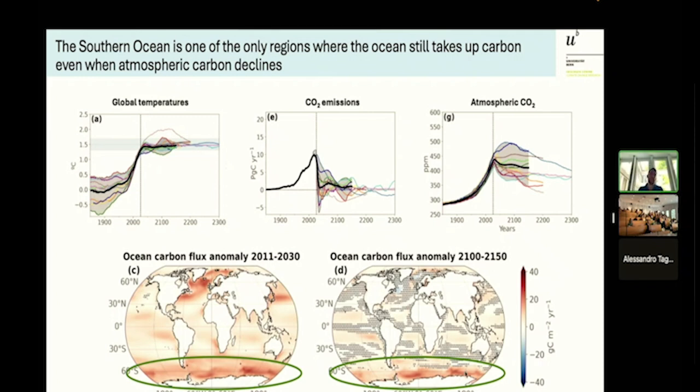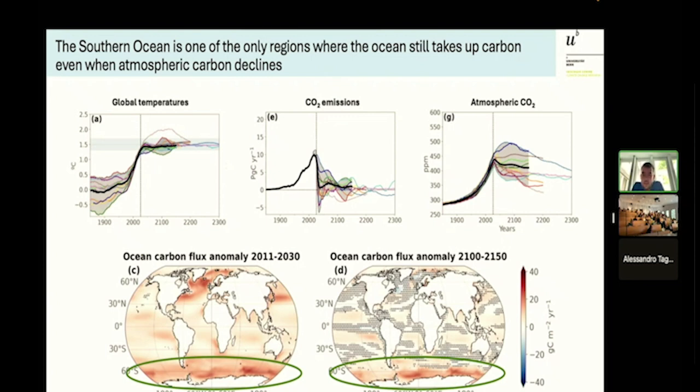But what stands out is that the Southern Ocean really continues to be a strong carbon sink, even if atmospheric CO2 goes down. And this just shows again that this upwelling of circumpolar deep water, that is hundreds of years old, continues to take up so much carbon that the ocean continues to be really the only natural carbon sink once temperature has stabilized, because land doesn't take up much carbon, or almost nothing.